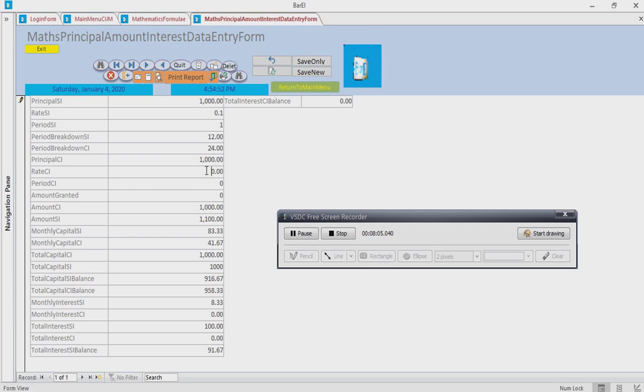Rate is 0.1. Period is 1. Then the amount, the compound interest, is 1100. Right.